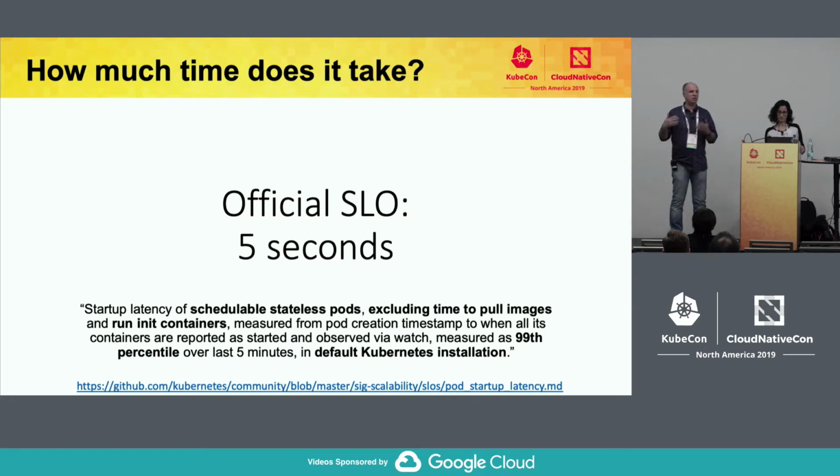So if it's a large image or the connectivity is constrained or there's a bandwidth issue connecting to the registry, it's going to take much longer. So in order to actually validate this SLO, they define it with locally cached images, right? I mean, they're going to try and limit the variance and get a result. So official SLO, 5 seconds for the P99. In other words, 99% of the pod creations are going to complete in under 5 seconds.